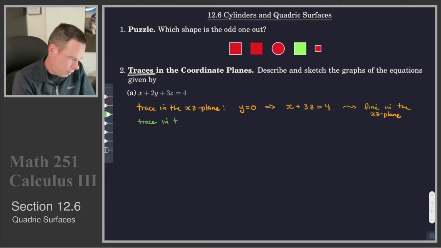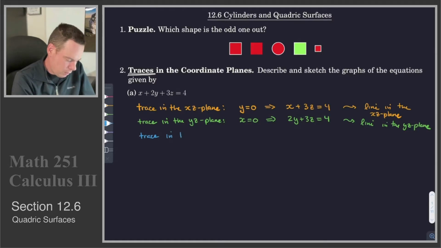So what is the trace in the yz plane? Well, in the yz plane, that's when x is equal to 0. So when I substitute x equals 0 into the equation, I get this equation here. And again, this is a line in the yz plane. And we can continue doing this for the last coordinate plane.